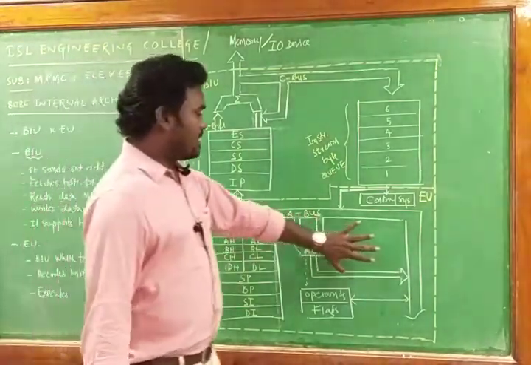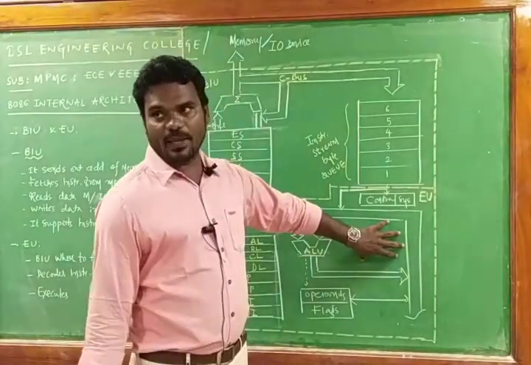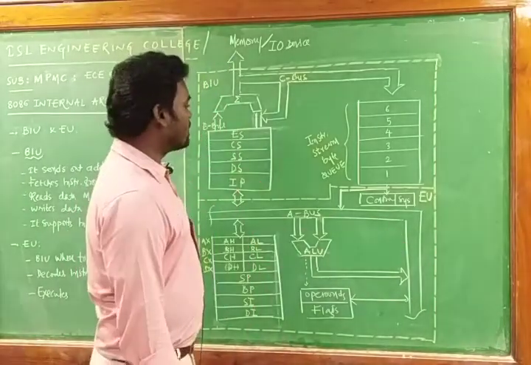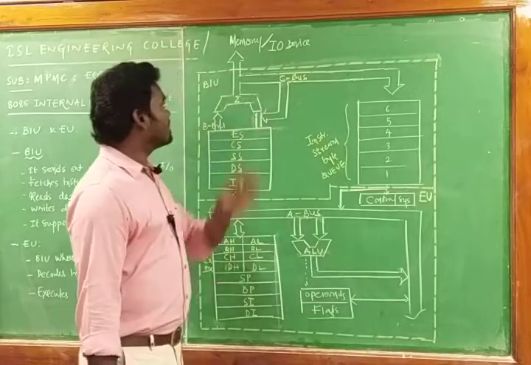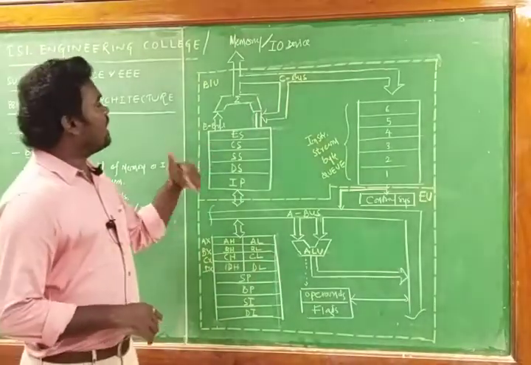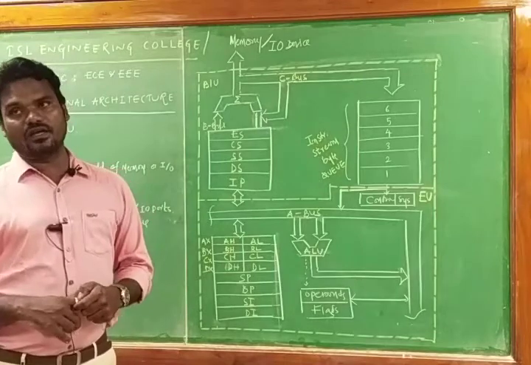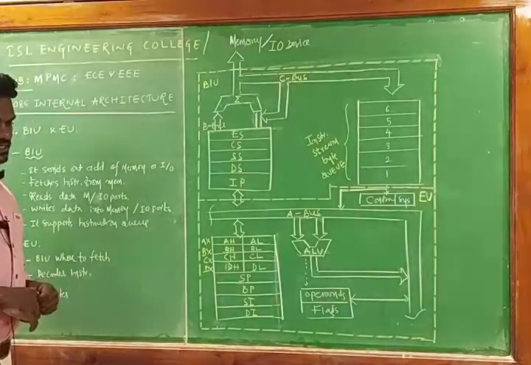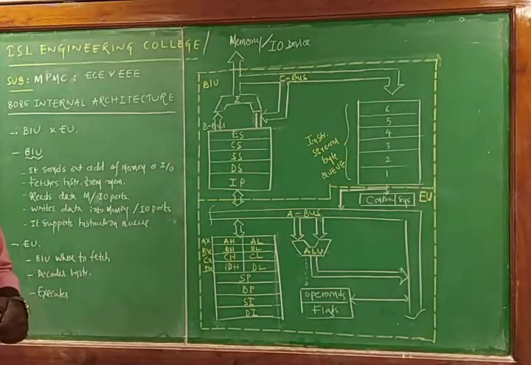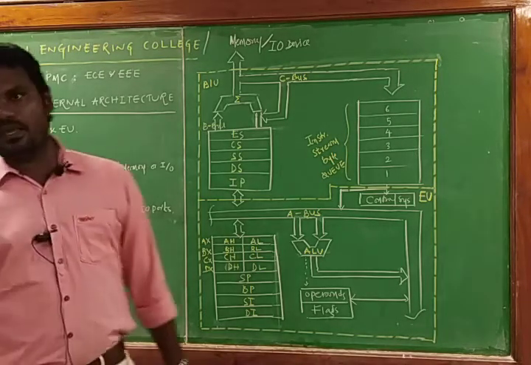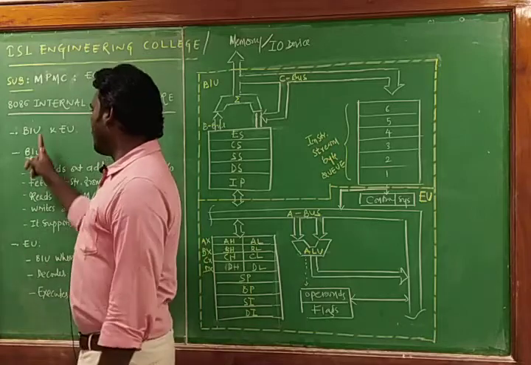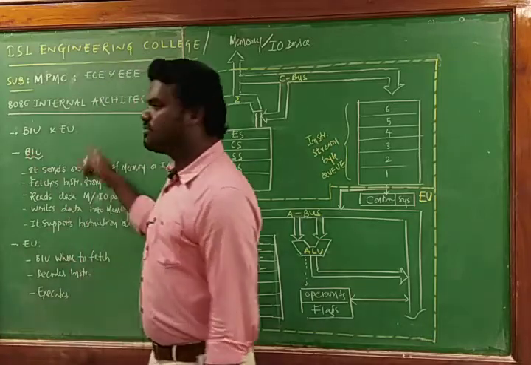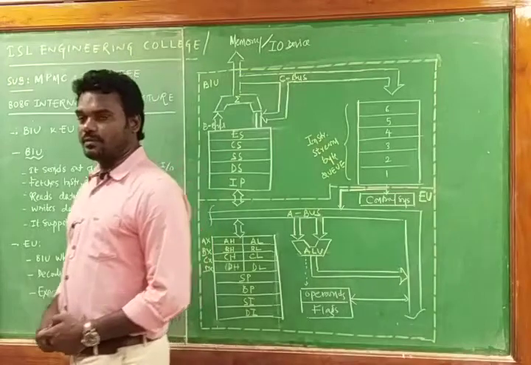In the execution unit, instructions will be executed by the processor, whereas the bus interfacing unit interfaces with the outside world, that may be memory or input output devices. So as we discussed, the complete 8086 internal architecture is mainly divided into two parts. The first part is named BIU, which stands for bus interface unit, and the second one is the execution unit.